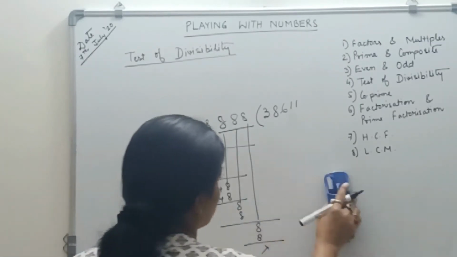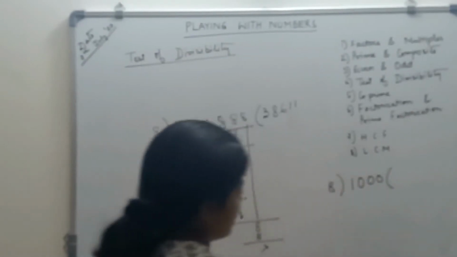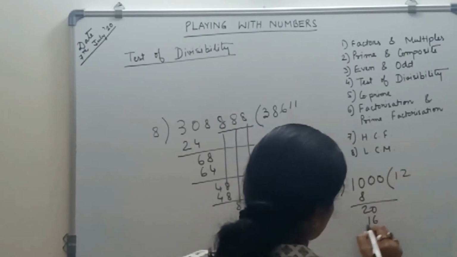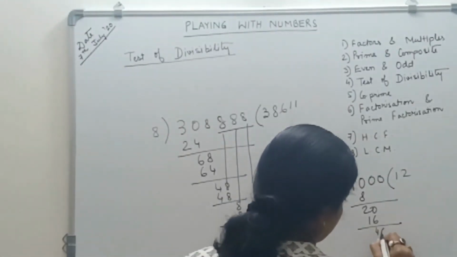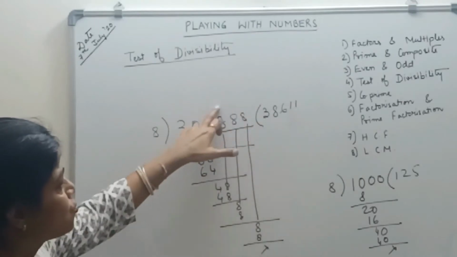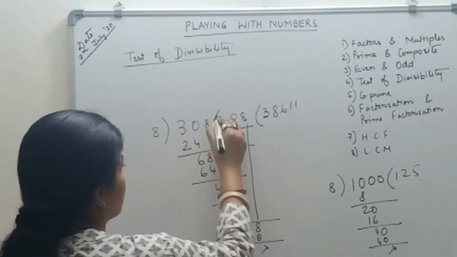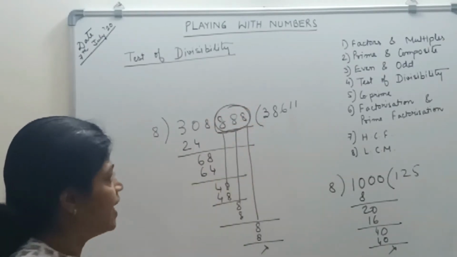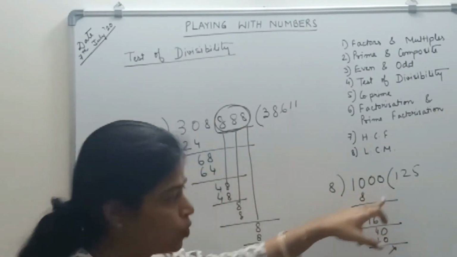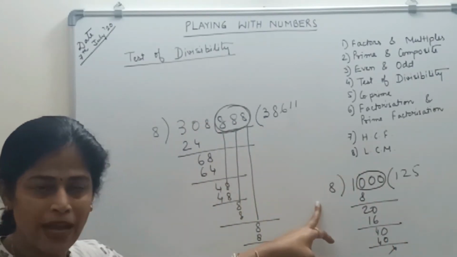And for 1000, if I see 8 ones are 8, 20, 16, 40, 8 fives are 40. So I can say if the last 3 digits of a number are divisible by 8, then the whole number will be divisible by 8. If the last 3 digits of a number are 0, then it is divisible by 8.